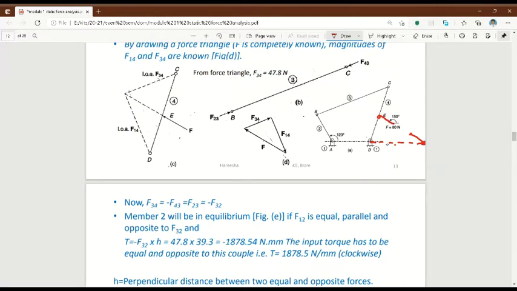I'm repeating again. We have to draw the force F equal to 80 Newton, but we don't know how to draw it.